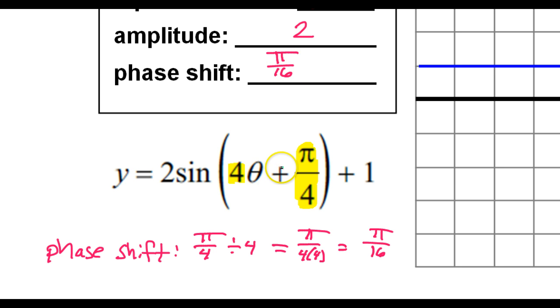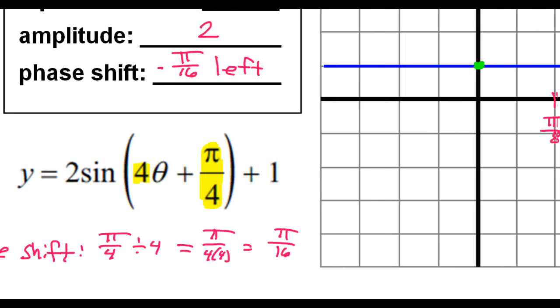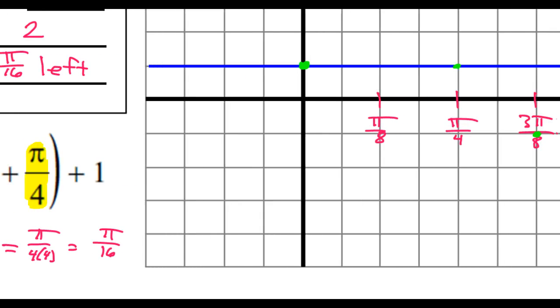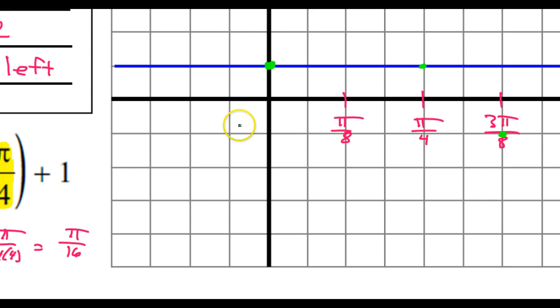Okay, now because this is plus, it's going to be pi over 16 to the left. And some people like to put negative pi over 16, just indicating that we're going to the left. Okay, so our next job is to figure out how many squares. How big is pi over 16 on this picture?